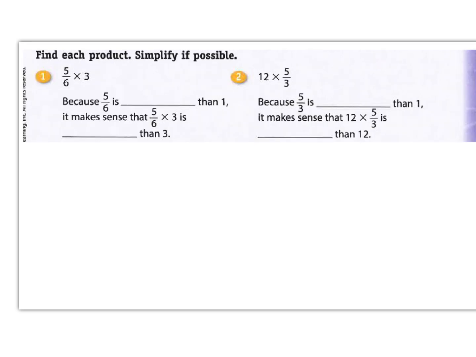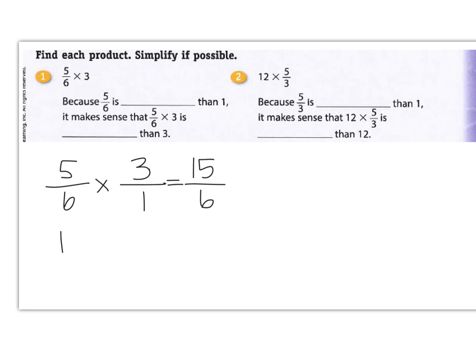All right, this says find each product and then simplify if possible. So we have 5/6 times 3. Well, remember, to make 3 into a fraction, we just put it over 1 because 3 divided by 1 is 3. And then we multiply across. 5 times 3 is 15. 6 times 1 is 6.